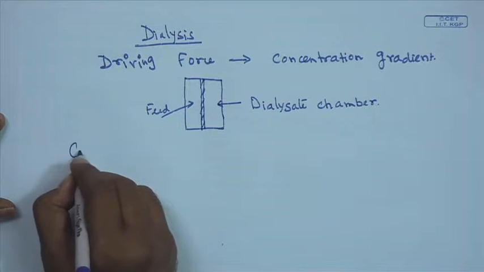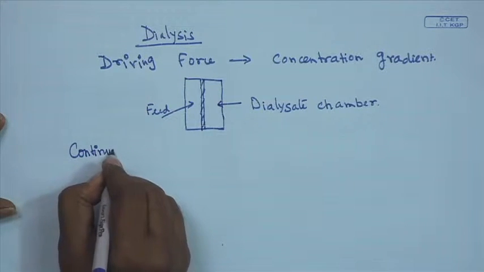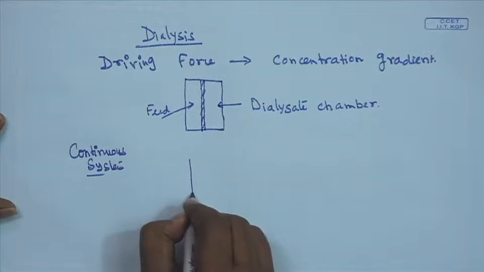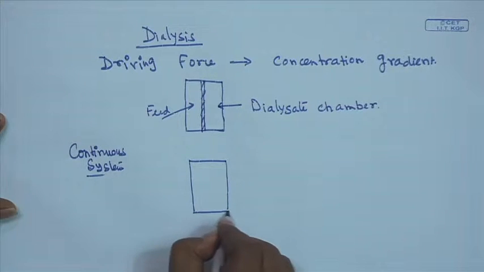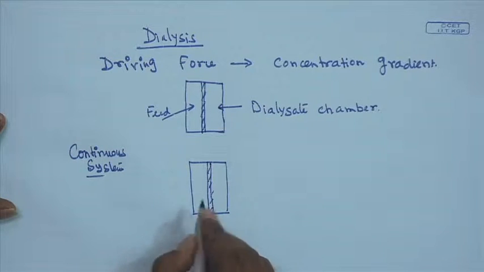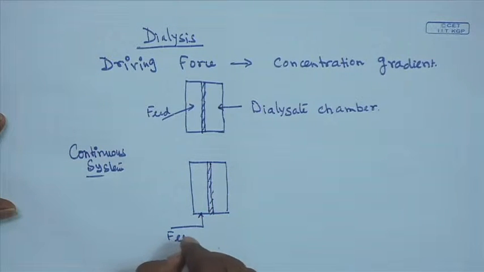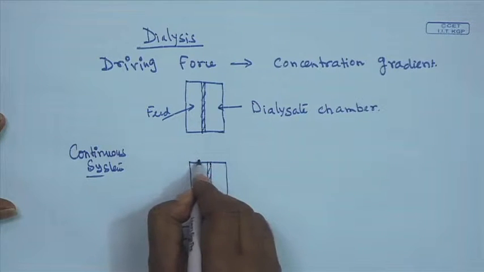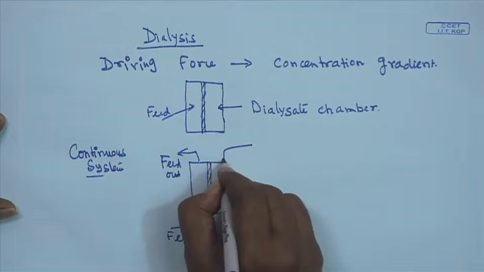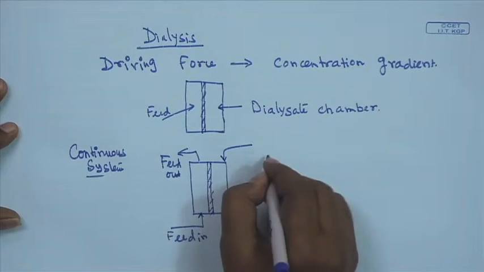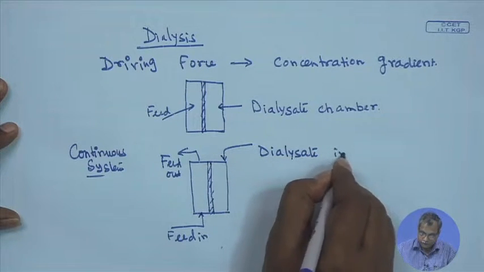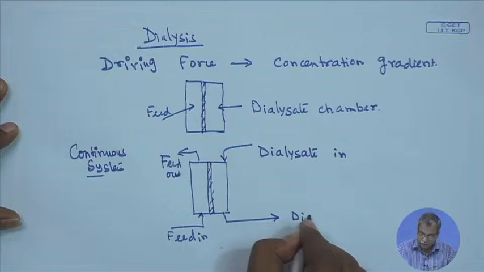So, in a continuous system, feed is going into the feed side, feed in, and feed is going out, and from here it is counter current. Let us say, as we have seen, counter current is always effective, dialysate in, and here we will be having the dialysate out.